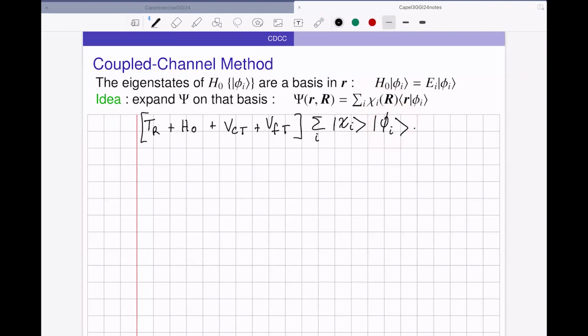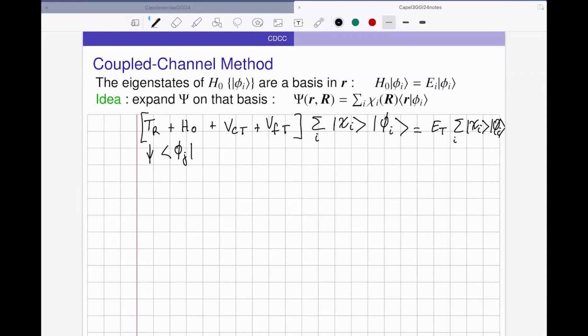And so my equation is: this Hamiltonian applied on the wave function equals the total energy times the wave function. And what I will do is project this on one of the states, phi j in this case.